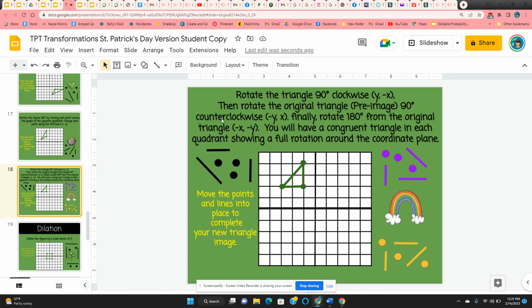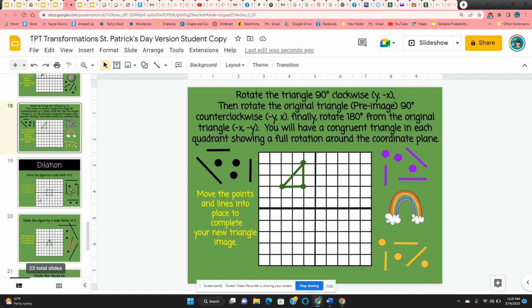Then they're going to go counterclockwise 90 degrees, so that figure will be in quadrant 3 using this formula. Rotating 180 degrees would put it over in quadrant 4 using the formula negative x, negative y. So you're going to have a figure in each one of those quadrants.